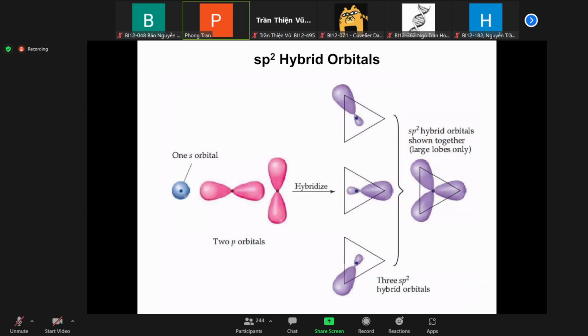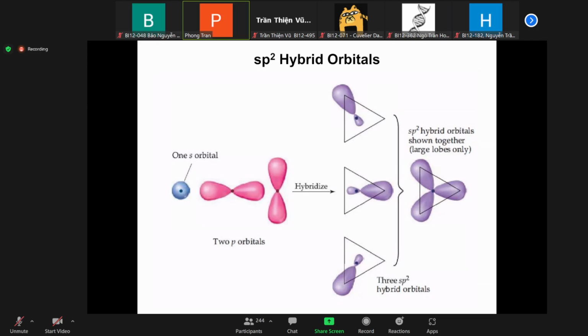And sp2 has more character of the p, so you see that it will arrange in three directions. So here you put together a system of three sp2 hybrid orbitals. If you put together, they can arrange in the three directions with the angle of 120 degrees.